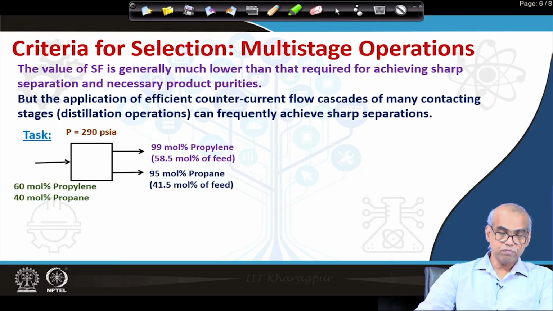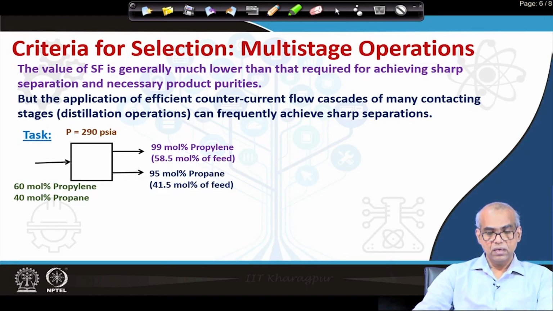Let us say you have this given task. We have a mixture of 60 mole percent propylene and 40 mole percent propane. We want to separate it into 99 mole percent propylene and 95 mole percent propane. We want to perform this separation at 290 psi absolute.